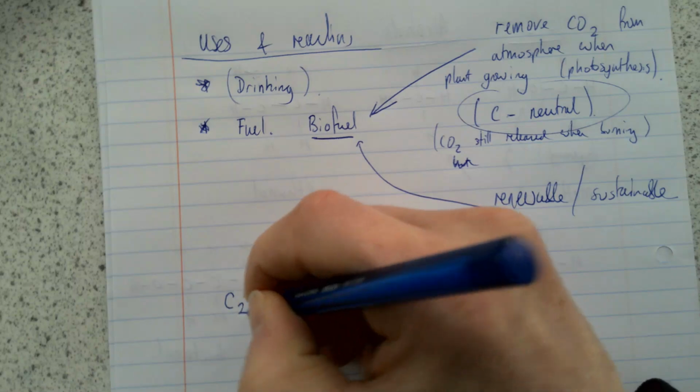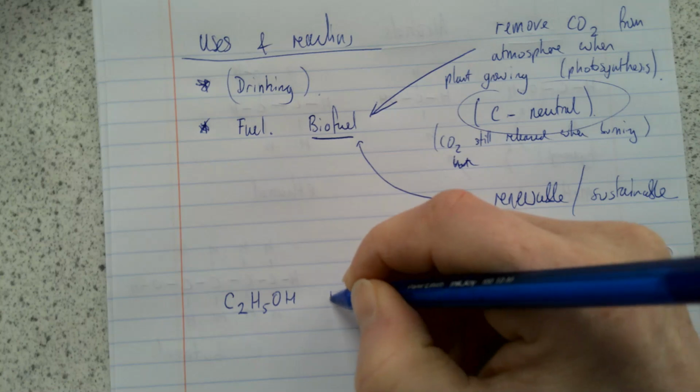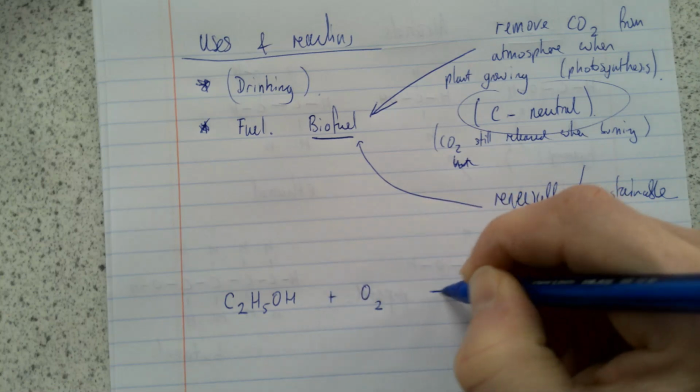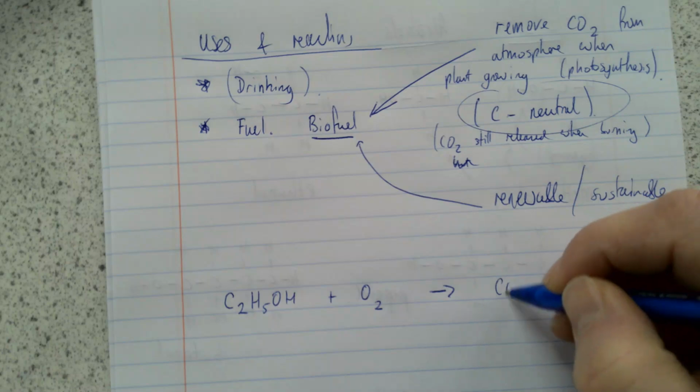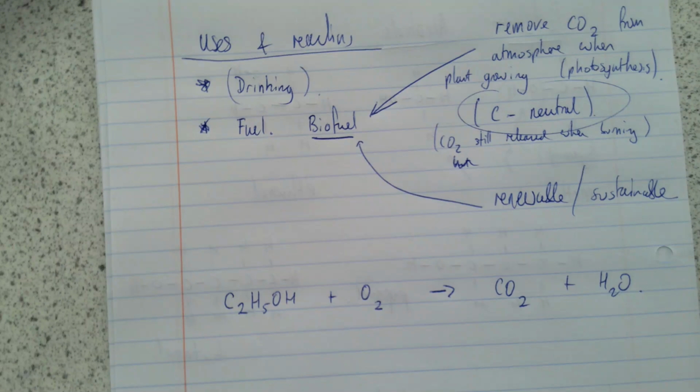So C2H5OH plus O2. The products of that are going to be carbon dioxide and water, just like burning any other hydrocarbon or any other organic molecule.